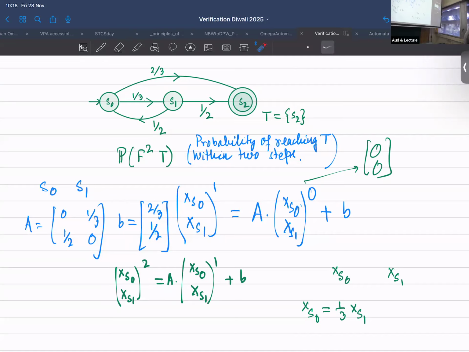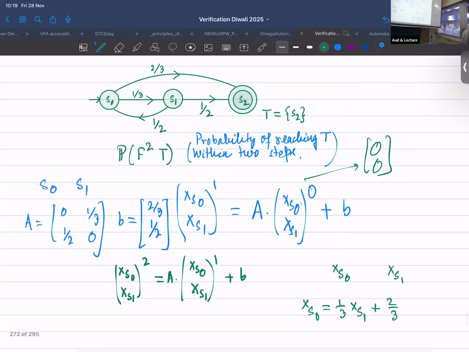So xS1 is the probability to reach S2 from S1, and xS0 is the probability to reach S2 from S0. How am I getting this? My xS0 is: with 1/3 probability I'm reaching S1, and then it is with the probability of xS1, plus with probability 2/3 I reach S2.